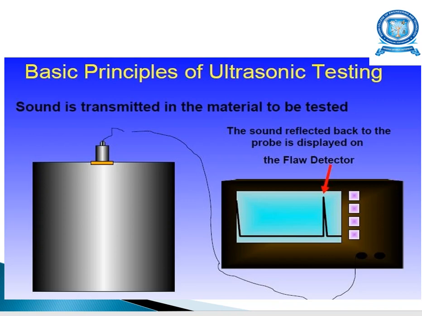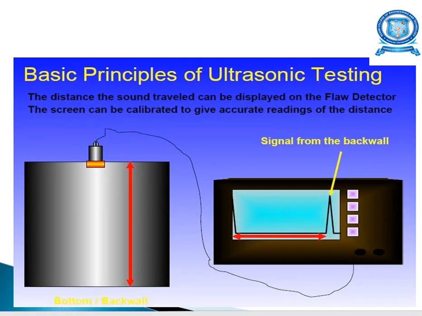The high frequency sound waves are transmitted by the transducer into the test specimen, and the sound reflected back to the probe is displayed on the flaw detector, that is, on the CRT monitor. In this figure, you can see the distance the sound has traveled displayed on the flaw detector screen, and that can be calibrated to give accurate readings of the distance.